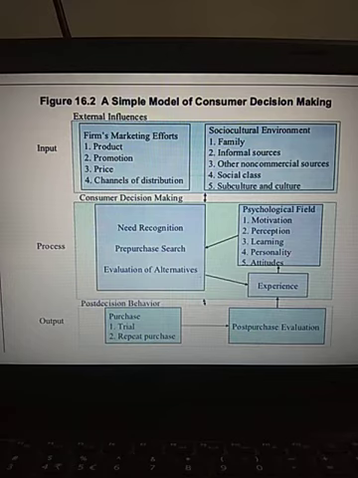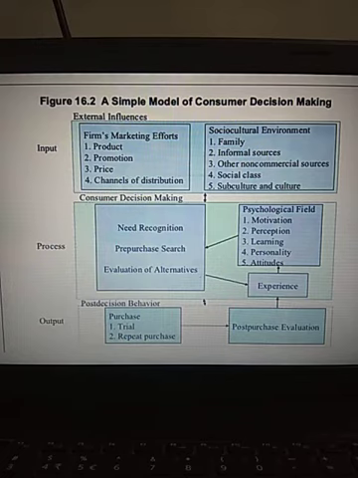Under the process stage, the consumer is going to experience need recognition, pre-purchase search, and evaluation of the alternatives, which we discussed previously, along with psychological factors like motivation, perception, learning, personality, and attitudes. And finally the output will be the purchase.